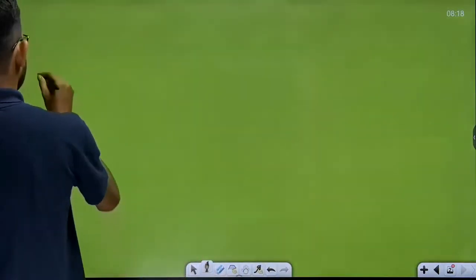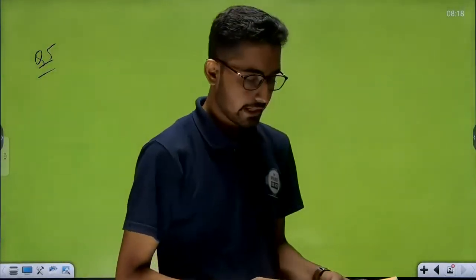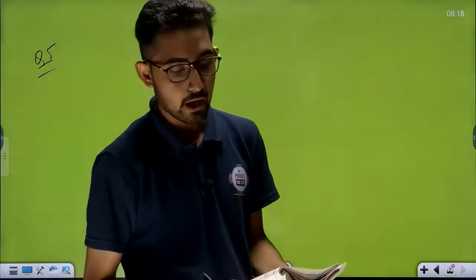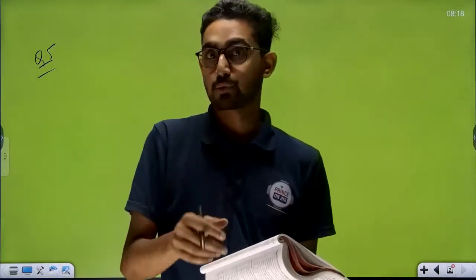Now question 5 is also very easy. Just try to understand what question 5 says. It is given that the following were the scores of the Red House in 5 rounds of an inter-house quiz competition. The scores are -10, +5, -4, -3 and +15. So what was the final score?